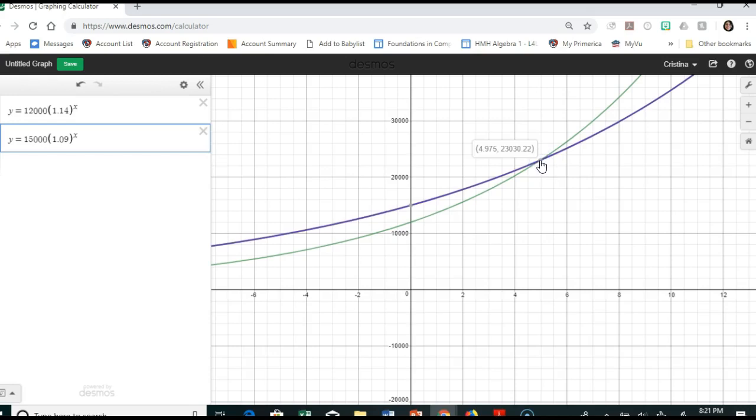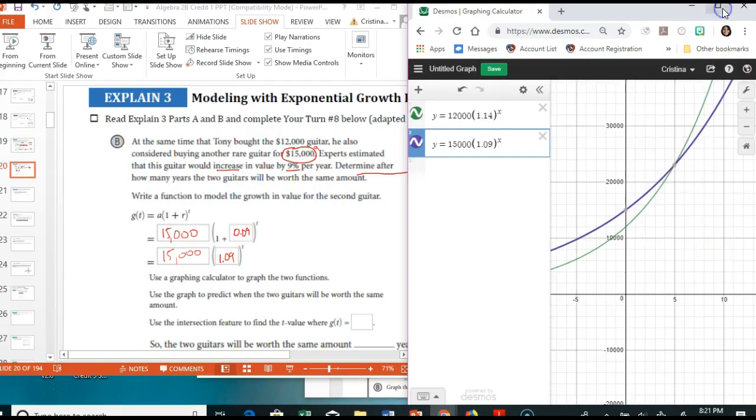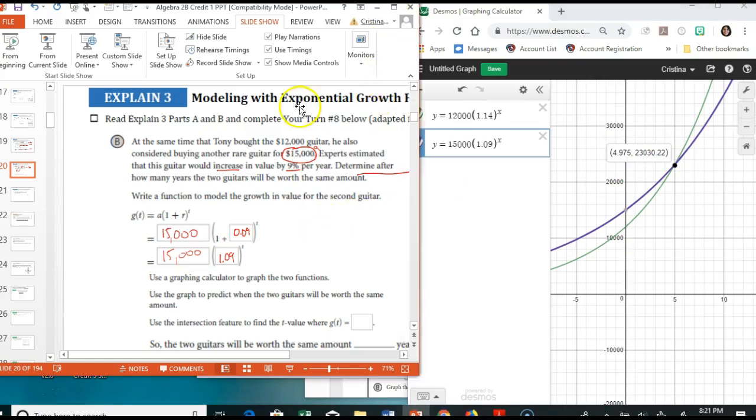So after about 4.9 years, they're both going to be worth about $23,000. So on here, I'm going to go ahead and write that in. After about 4.9, really 5 years, they'll be worth about that much. So let's go ahead and write that in.